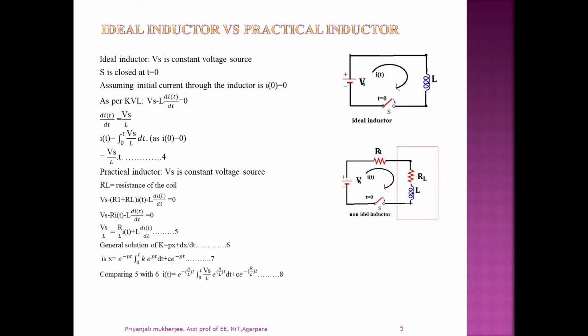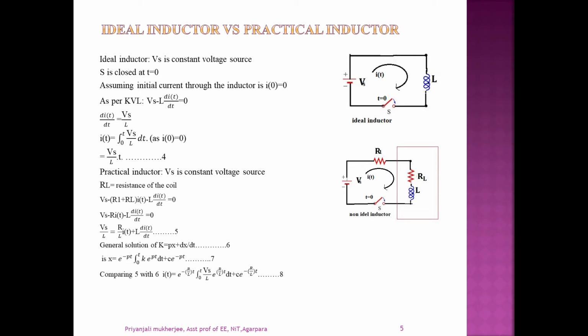The current through a linear inductor must be continuous, and the voltage across the inductor is not proportional to the current flowing through it, but to the rate of change of the current with respect to time. When the current is constant, VL becomes 0. VL is the drop across the inductor, and it is 0. So, under the steady state condition with DC current, the inductor acts as a short circuit.